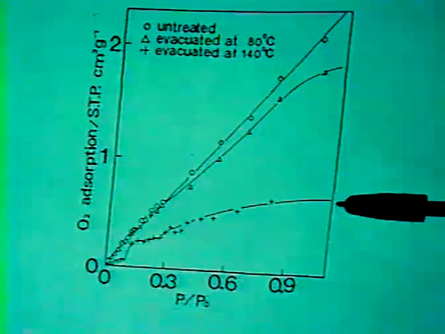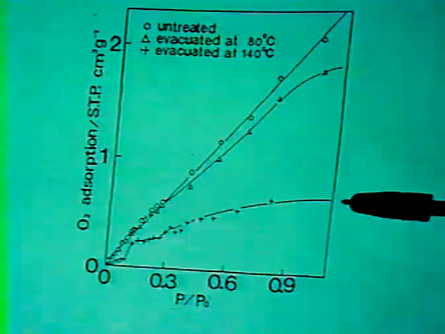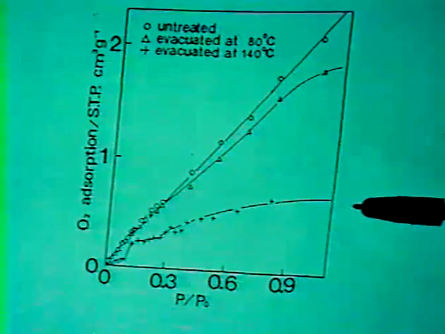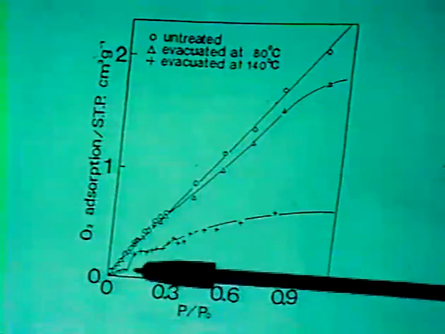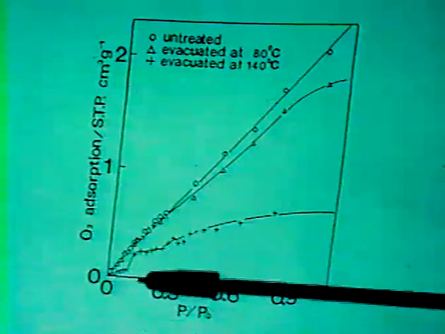The oxygen absorption isotherm was measured at room temperature to clarify the abnormal behavior of the positron annihilation rate. This figure shows the absorption isotherm of sepiolite at room temperature.